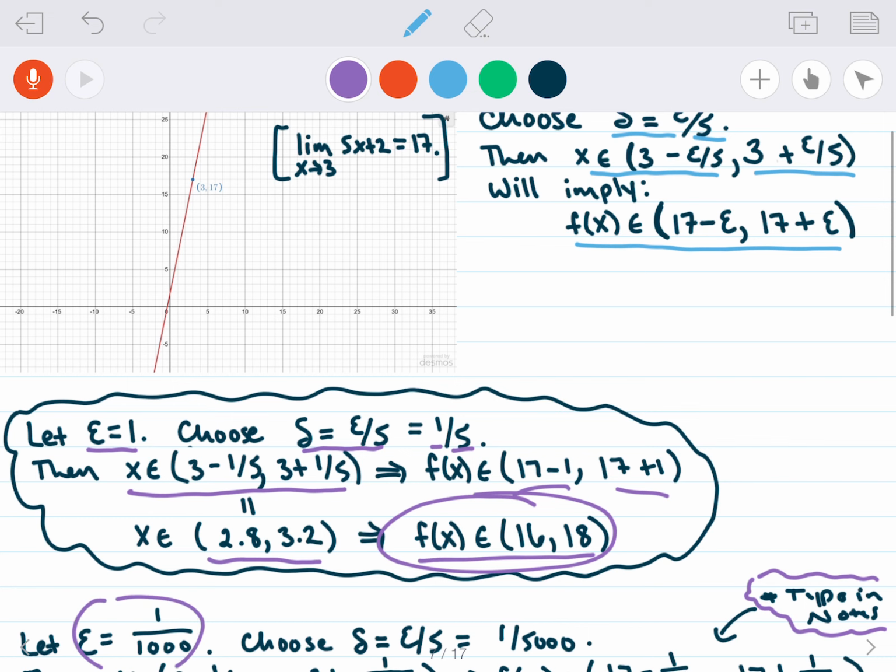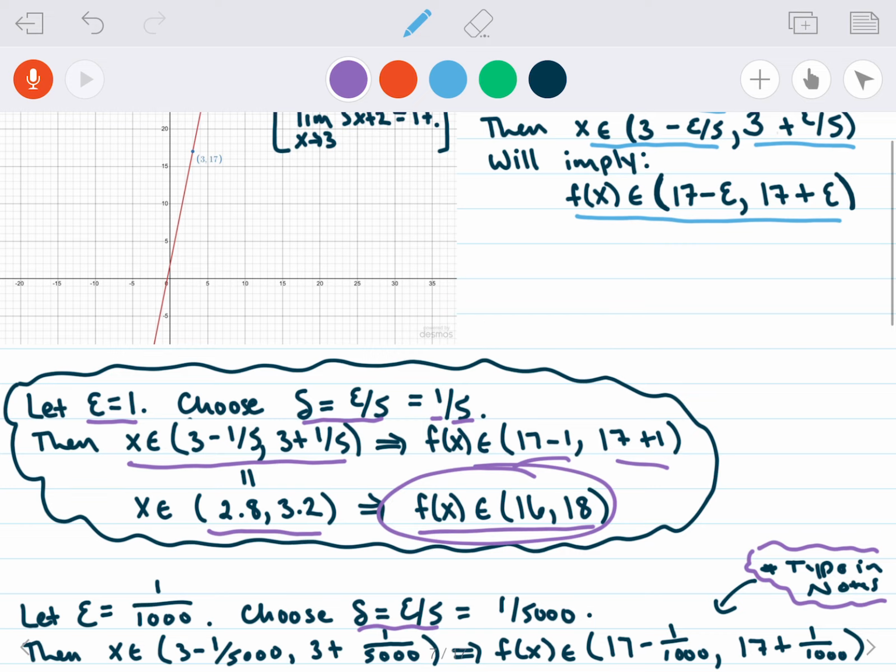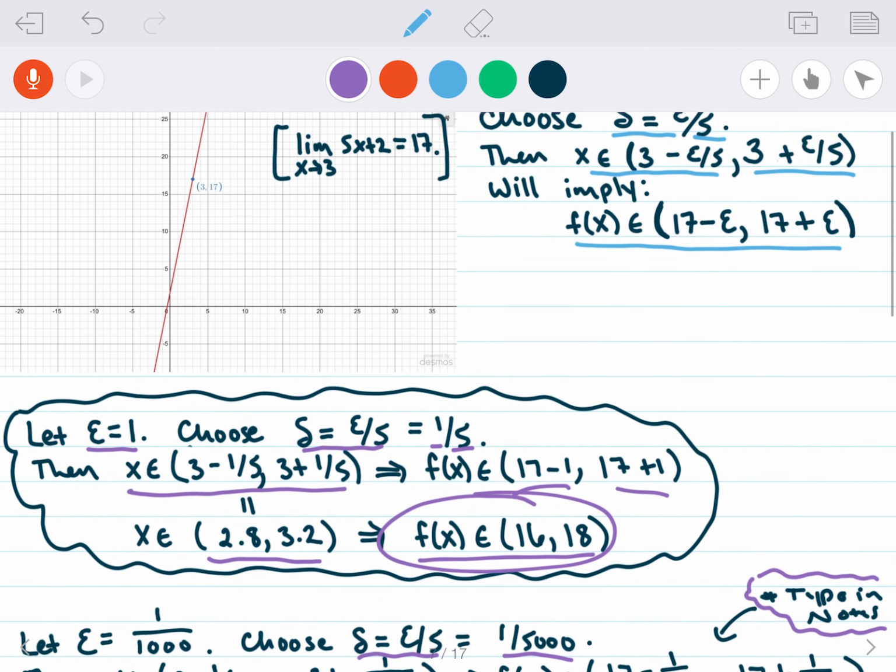If I give you something smaller, here's the next challenge. I'm going to give you epsilon equals 1 over 1,000. By our proof, I'm going to choose delta to be epsilon over 5, which is 1 over 5,000. So in response to this challenge, I'm giving you a smaller epsilon neighborhood than before.